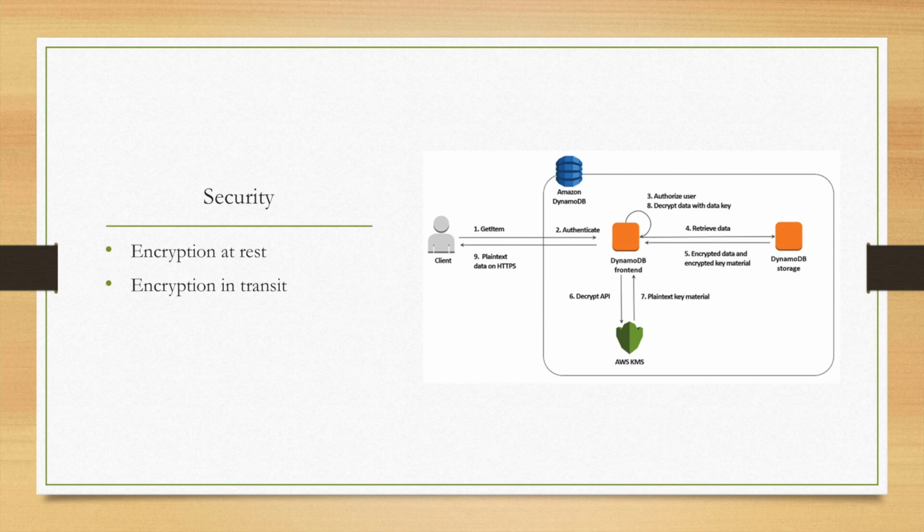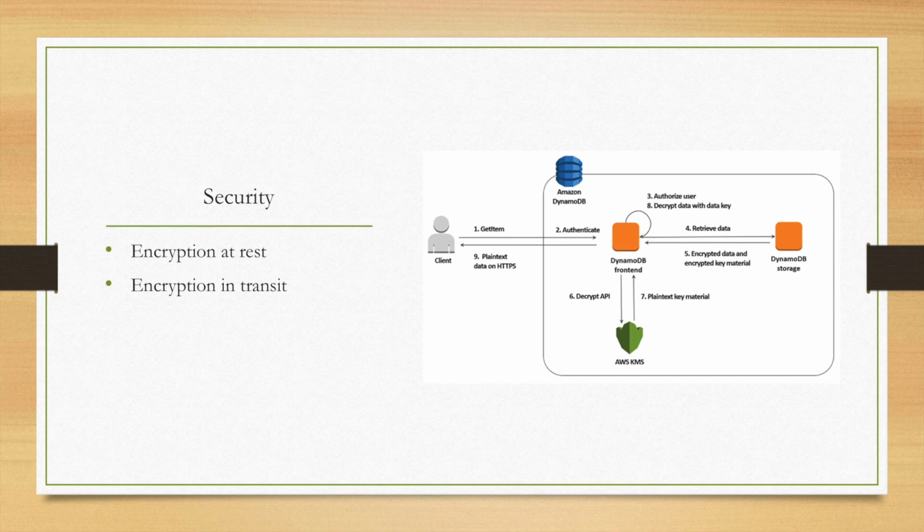For DynamoDB security, there are 2 things you need to consider. One is encryption at rest. When the data is put into DynamoDB, how do we secure it? In this diagram, we can see we use AWS KMS to encrypt it.